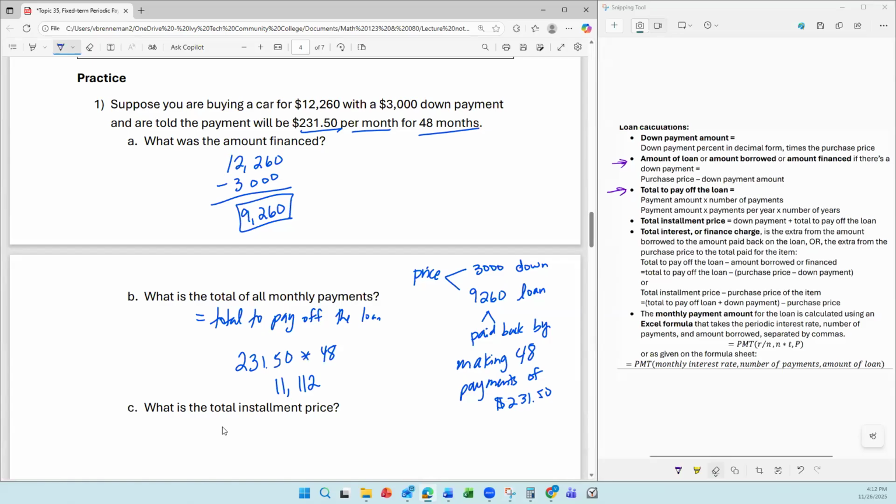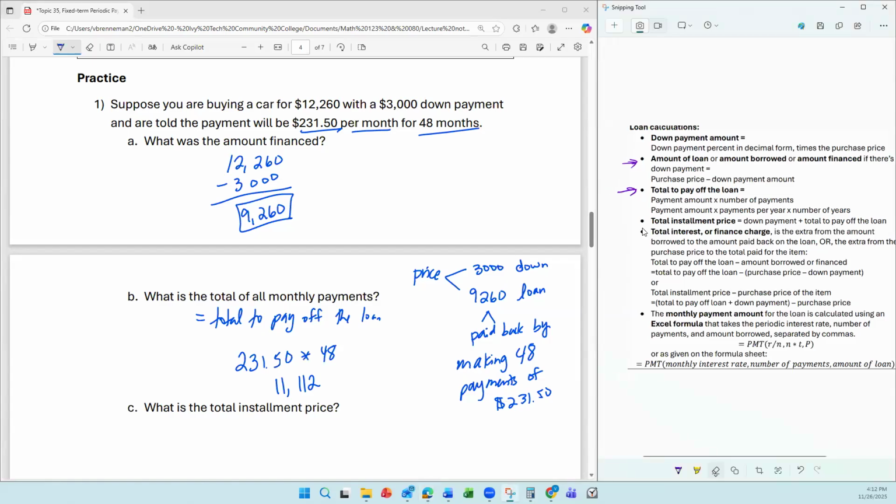The total installment price is what they call, and I think it will even say in ALEKS and remind you that this is going to be the down payment plus the total to pay off the loan. So the $11,112 plus the $3,000. So you paid off the loan with the $11,112, and you also paid the $3,000 down.